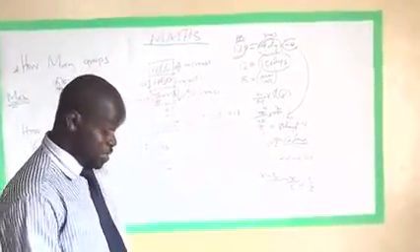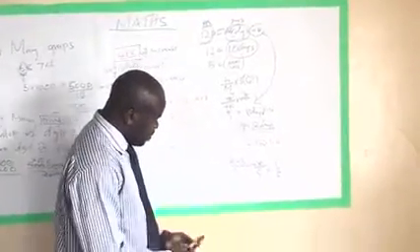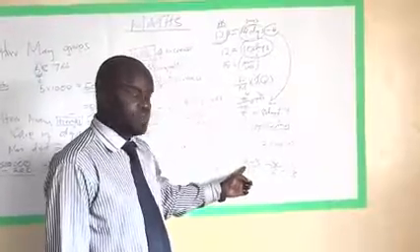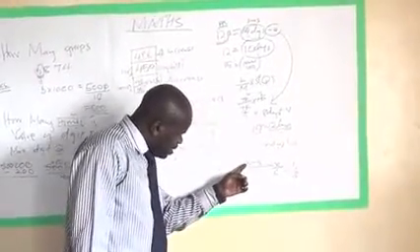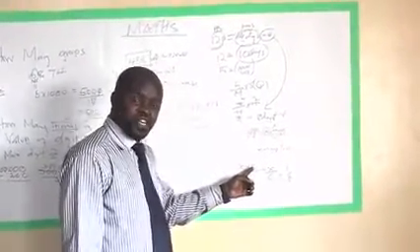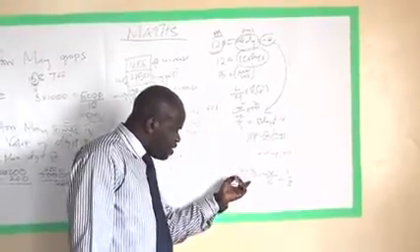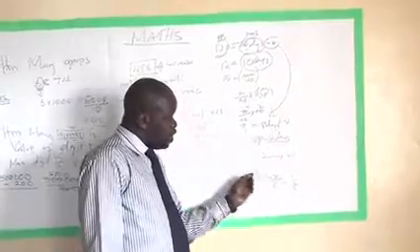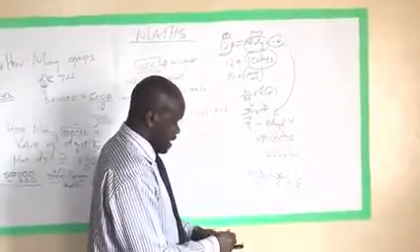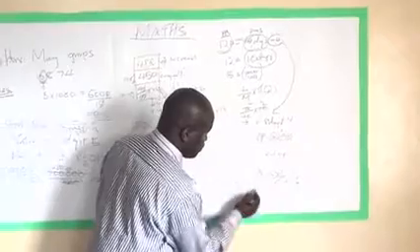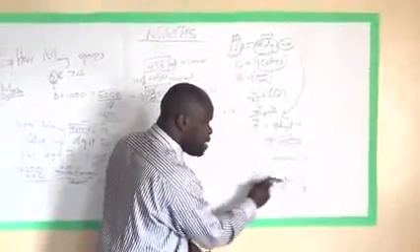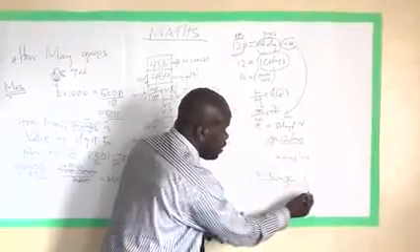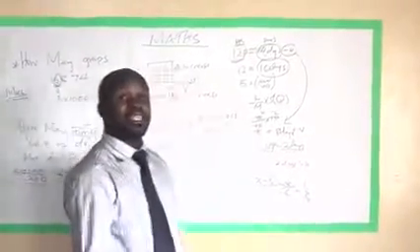In simple terms, the setter here is saying there is a particular number x that we don't know. If we place this number here and subtract 3 and divide the answer by 4, you will have a particular answer here. Then when you come with the same number here, divide by 6, then you subtract the 2 areas, your answer will remain the third. That's what the setter is saying.